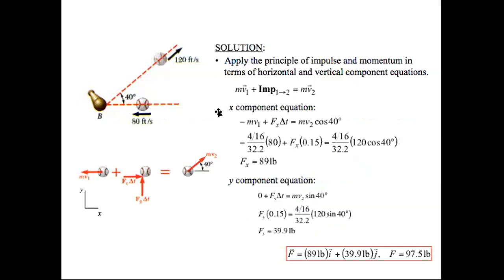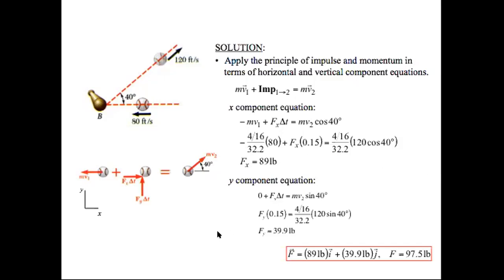First, I write the impulse momentum equation in the x direction. The v1 in the x direction is 80 feet per second, and the v2 in the x direction is v2 cosine 40 degrees. Just look here, mass times v1 is negative because the direction of the ball is in the negative direction, and we find the force in the x direction is 89 pounds.